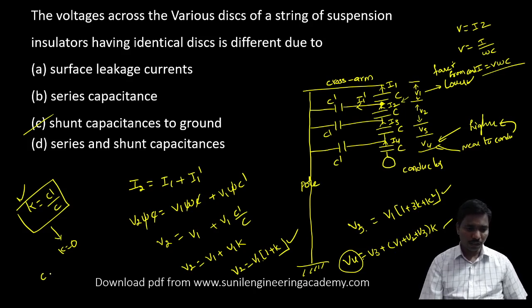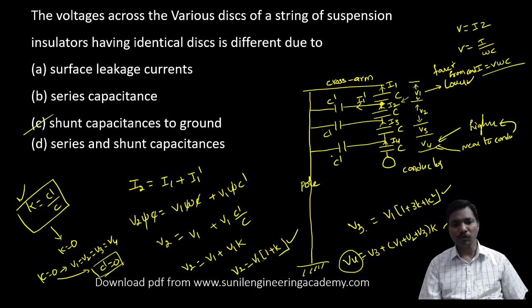So whenever K is equal to 0, all the voltages are equal. When will that happen? Whenever C dash is equal to 0. When this mutual capacitance is 0, all the voltages are equal and we get 100% efficiency. But here C dash is not 0, that's why we are getting different voltages.